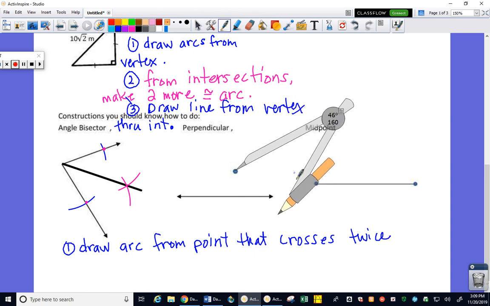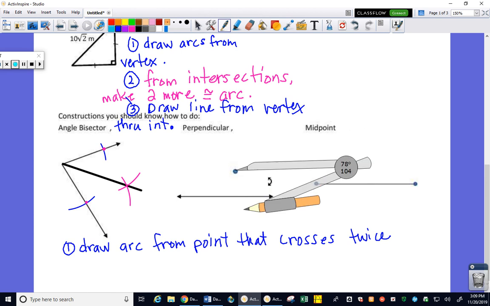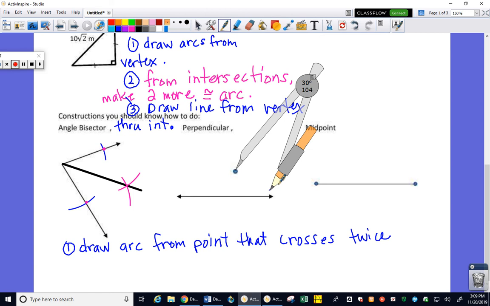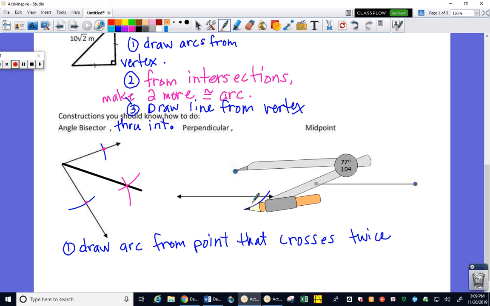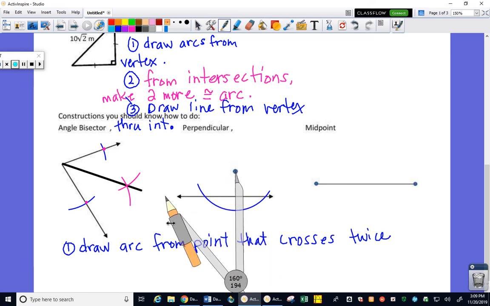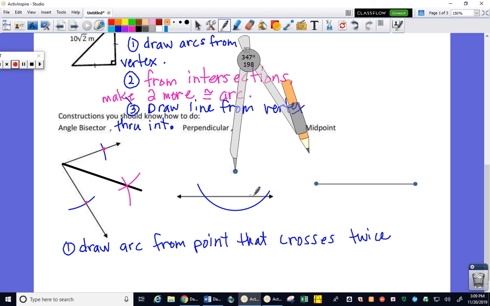I'm going to have to make mine much smaller so that it actually crosses this line. Like this. So that's the first step, making a smiley face from this one-eyed Mike Wazowski right there.